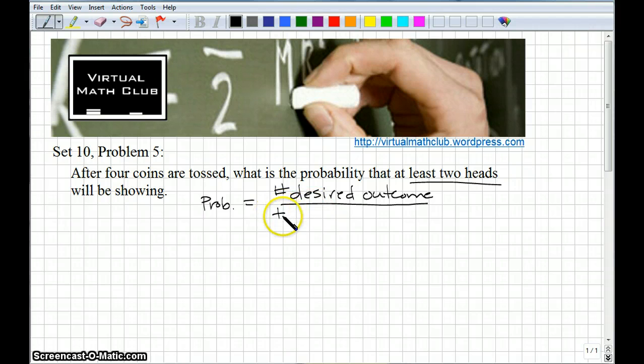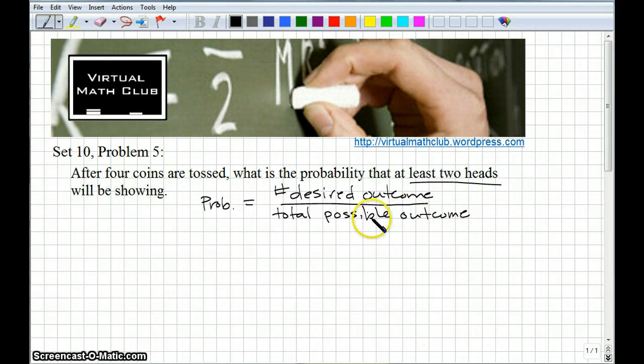So total possible outcomes. Okay? So really, probability is just 2 counting problems. We're counting the number of ways that we can get at least 2 heads, and in the denominator we're counting the total number of ways that the coin toss could come out.